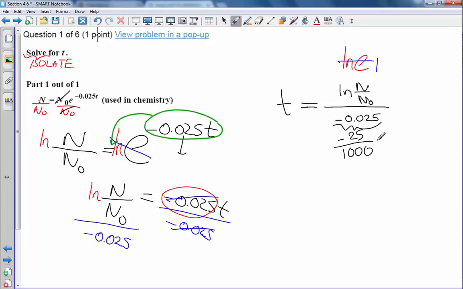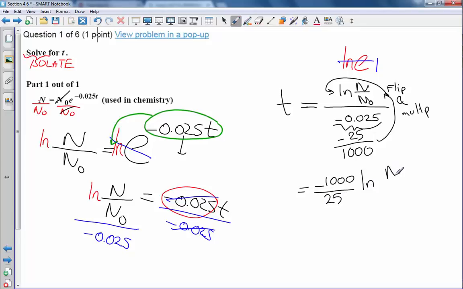Whenever you have a fraction in the denominator, we flip and do what? Multiply. And I flip and multiply 1,000 over 25. What is 1,000 over 25 actually? It's a whole number. You can put there minus 1,000 over 25.